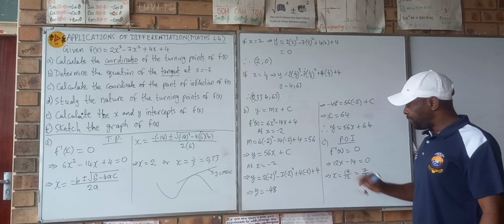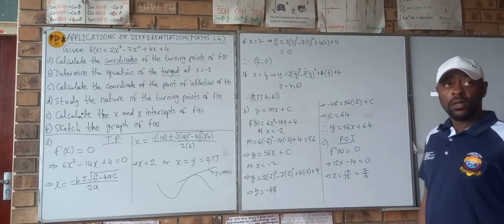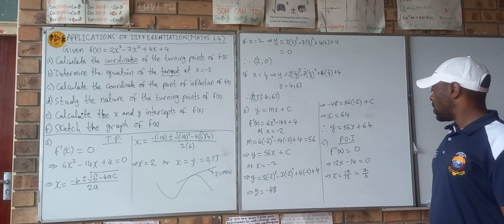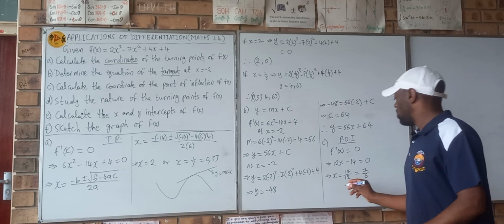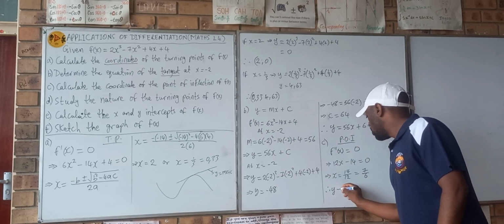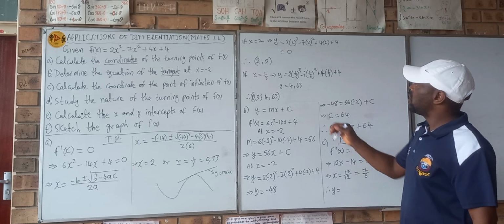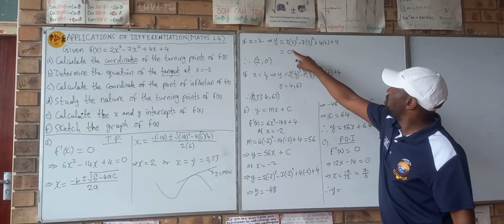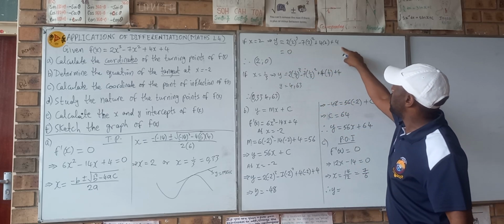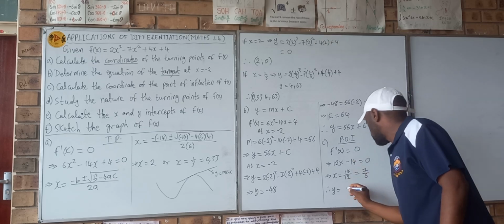So again, this is just the x value. To get the y value, each time you need y, you must take your x value and substitute into the original equation, just like we were doing it up there. So I'll just be replacing those numbers by 7 over 6.